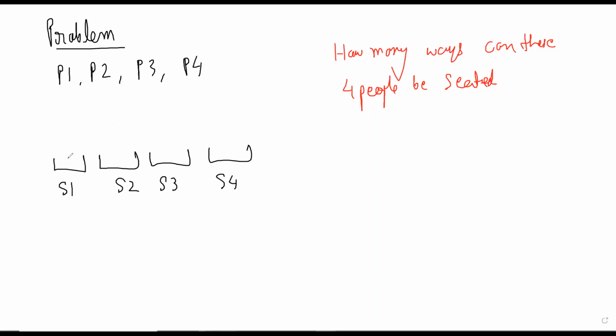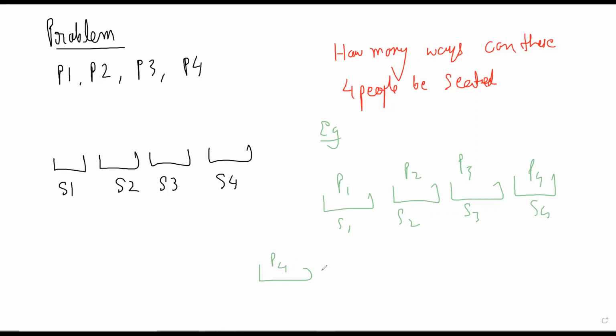One example could be person 1 seated in seat 1, person 2 seated in seat 2, and so on. Another example could be the very opposite. It could be like this.